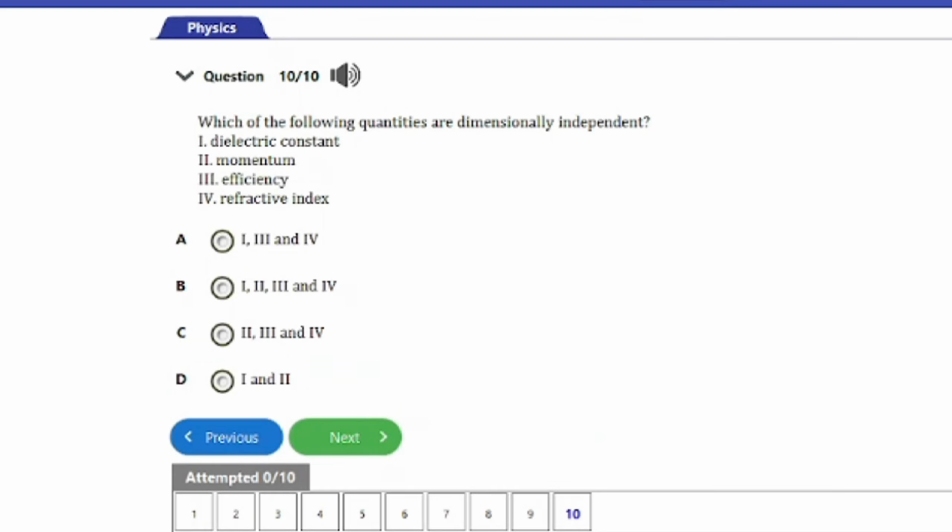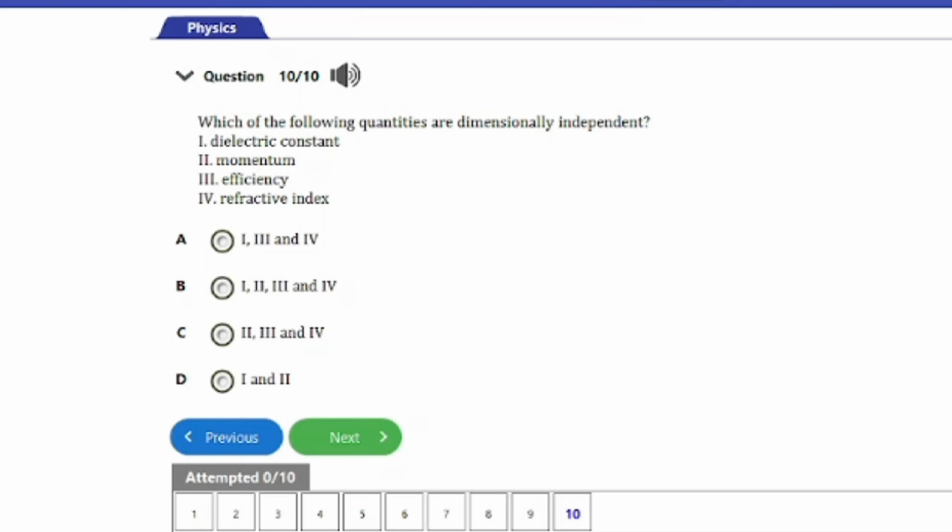So that's question number 10 here. It says, which of the following quantities are dimensionally independent? We have I, dielectric constant, II, momentum, III, efficiency, and IV, refractive index. So guys, we have A, I and IV, B, and IV.